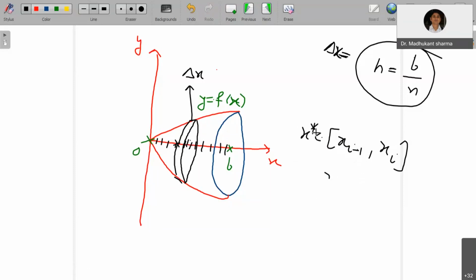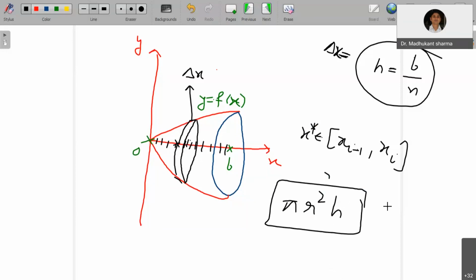The volume of a right circular cylinder, if you recall, is pi r square h. h is the width, r is the radius, and pi is there.